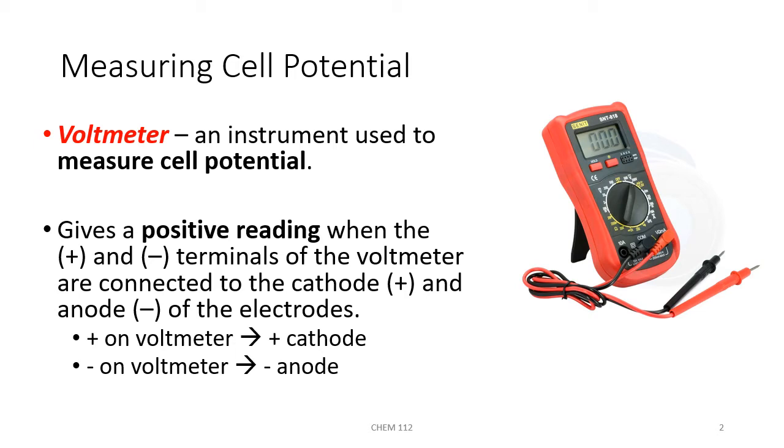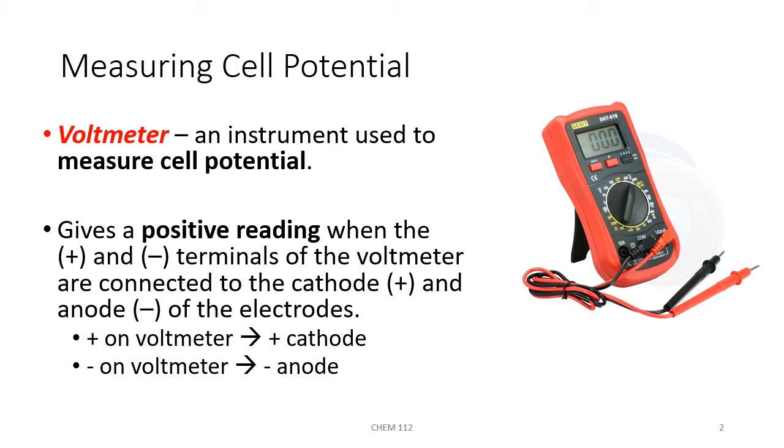You may have seen an instrument before called a voltmeter, and this is what we use to measure cell potential. A voltmeter has 2 ends, a red and a black end, which are positive and negative terminals, and you can hook them up to the electrodes of our galvanic cell, and you'll get a reading. We'll get a number listed on the voltmeter in volts, and that will tell us what that cell potential is.